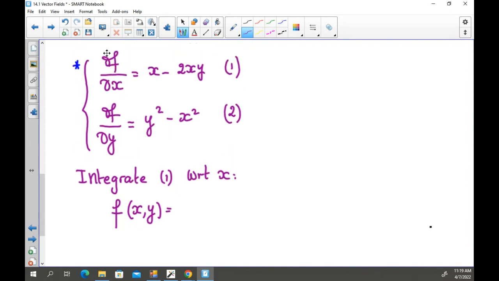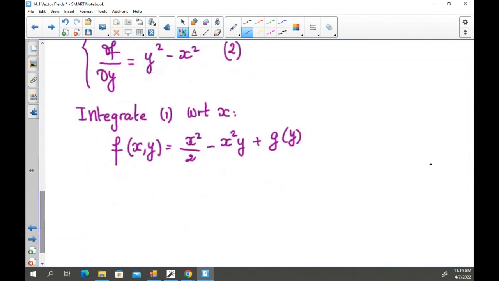Now the integral of x is x squared over 2, and then the integral of 2xy is x squared y, plus a function of y, which we can write as g of y.